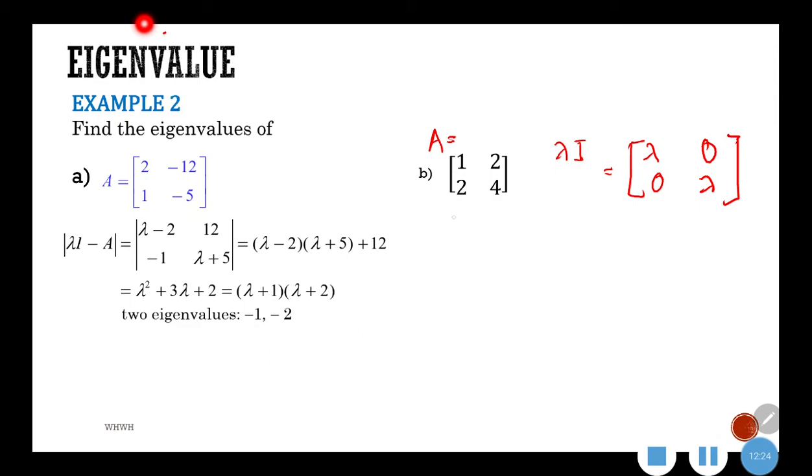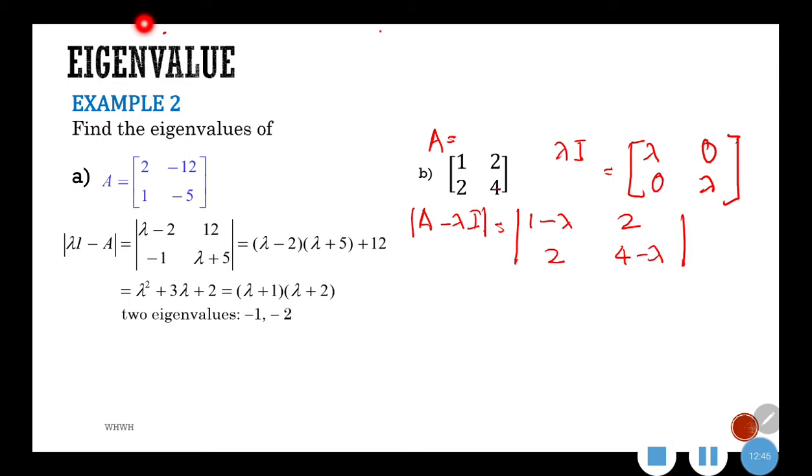Very simple, right? A minus lambda I, what will it become? We want to find its determinant, so it will become 1 minus lambda, 2 minus zero, 2 minus zero, 4 minus lambda.